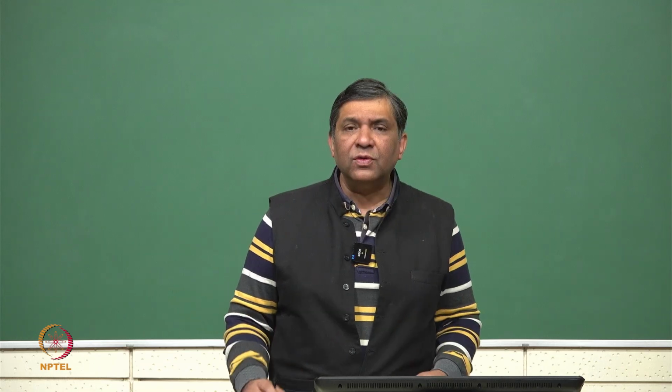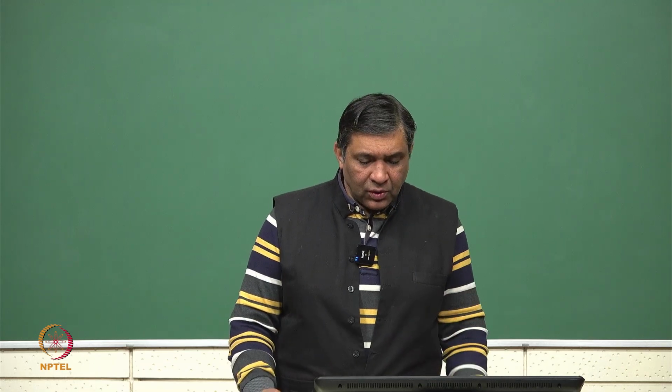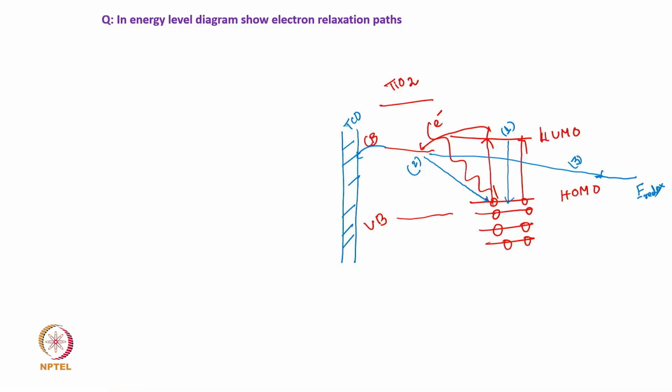The photogeneration processes are identified by the red line, where this one is a photogeneration process, this is also a photogeneration process because it populates the conduction band, and then this electron in principle flows in this direction and goes to the counter electrode in order to make the circuit complete through a load.